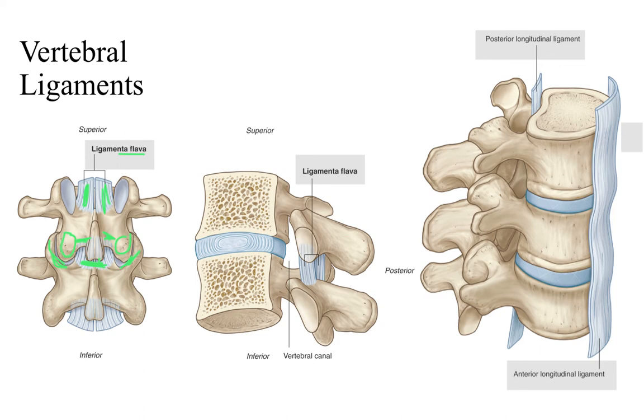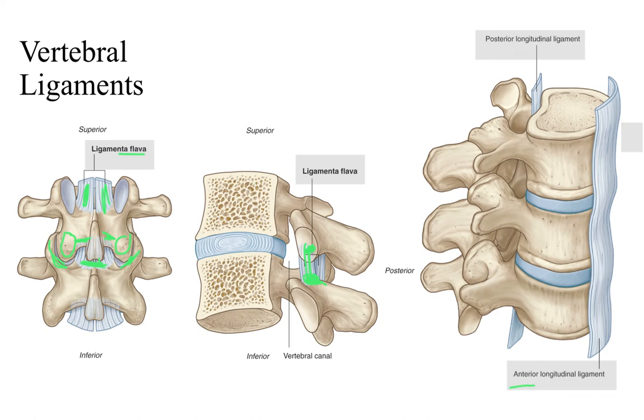And so here you see a better picture of the superior anterior lamina of this vertebra connected to the inferior posterior lamina of the vertebra above it by the ligamentum flavum.